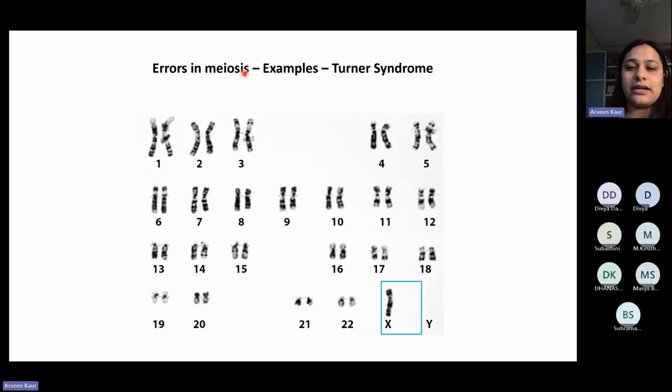Then there is another syndrome, which is known as Turner syndrome, right? What happens in Turner syndrome? Now, over here, you can see that in the sex chromosomes, there should always be two sex chromosomes. It could either be two X chromosomes or one X and one Y chromosome. Over here, in Turner syndrome, there is one X chromosome, right? Only one single copy of X chromosome is present.